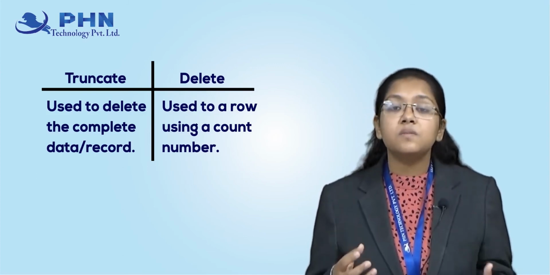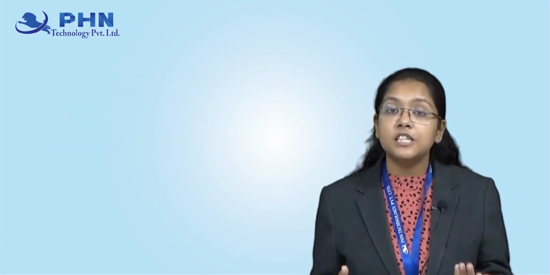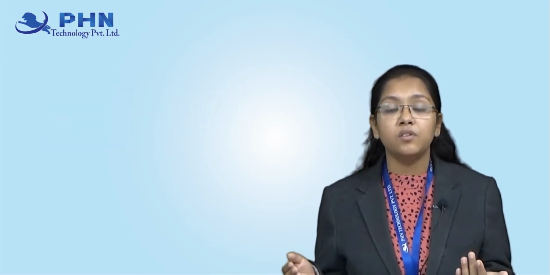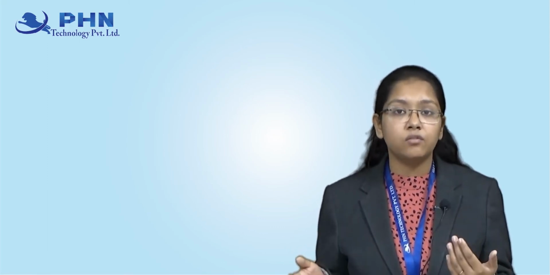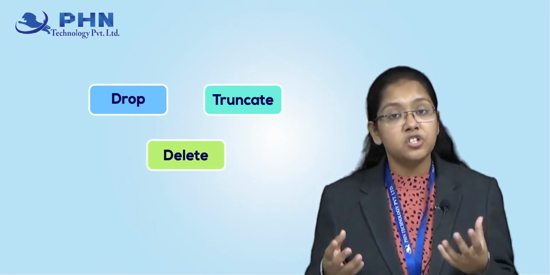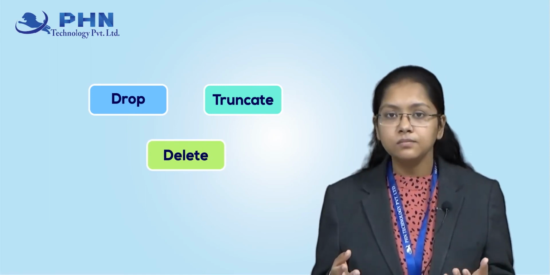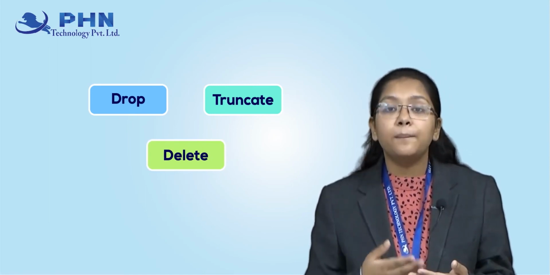So this is the basic difference between delete and truncate. Till now we have seen three deletion commands: drop, truncate as well as delete, and all three functionalities are different as per the requirement. So this was the complete delete command.